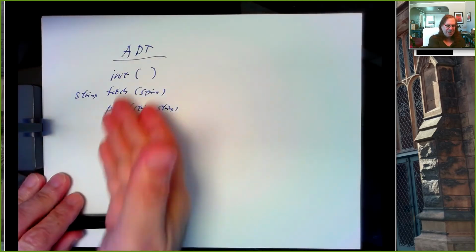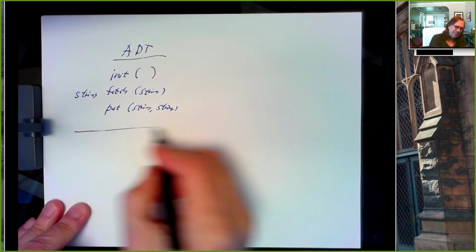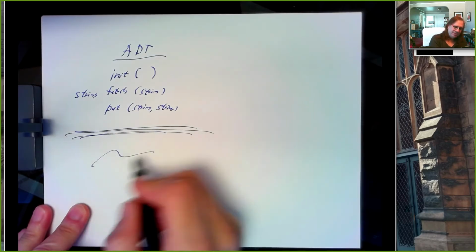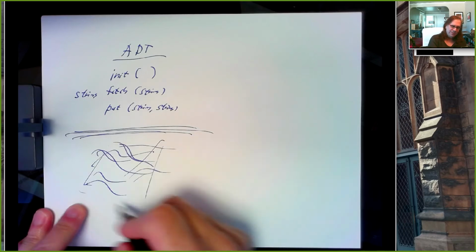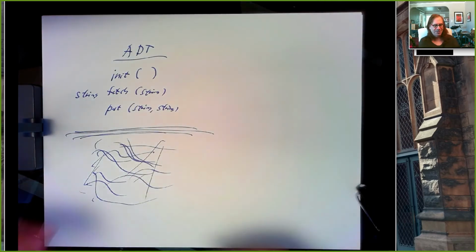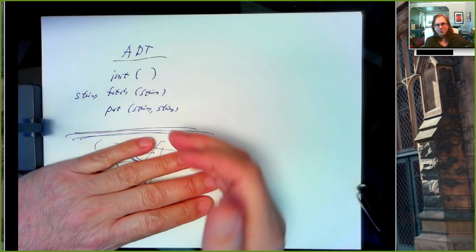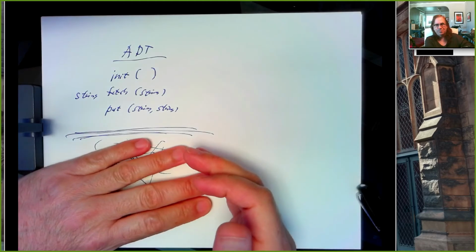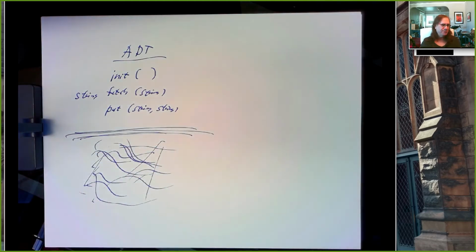So this is the abstract data type view of your hash, and then underneath there's all the gory stuff going on, the code, the arrays, the hash functions, the modular arithmetic. But that's all hidden from the user.